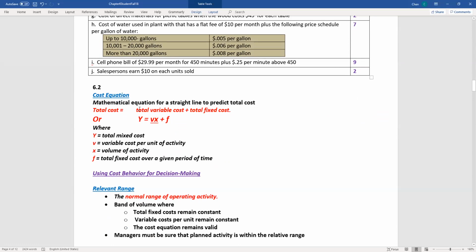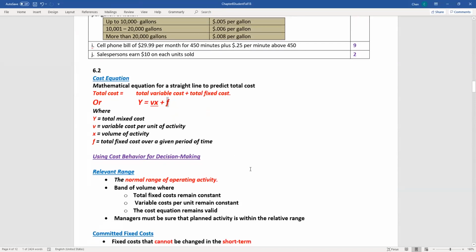So total cost will be equal to total variable cost plus total fixed cost. And if you write the formula, it's Y equals Vx plus F, where X is the number of units that you produce, or we say volume or activity, Y is the total mixed cost, V is the variable cost per unit, and F is the total fixed cost.